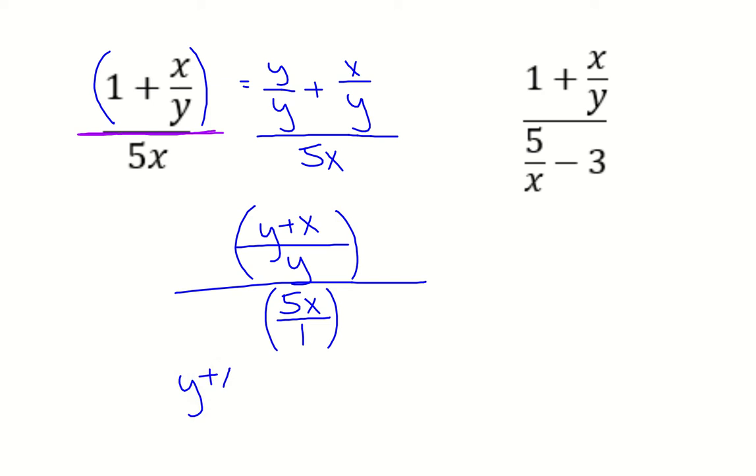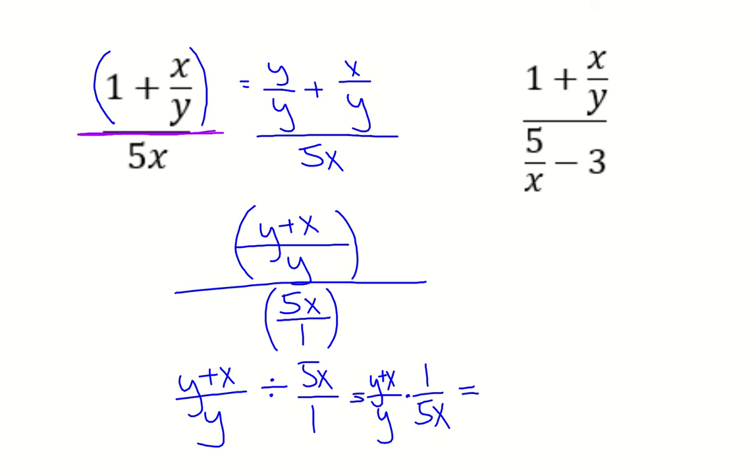This would become y plus x divided by y divided by 5x over 1, which would equal y plus x over y times 1 over 5x, which would equal y plus x, but I'm going to write x plus y to have it nice and neat in alphabetical order, over, then the bottom would be 5 times x times y.